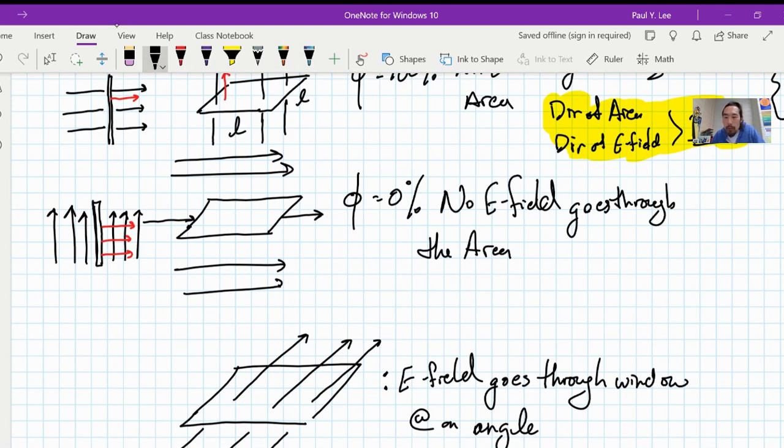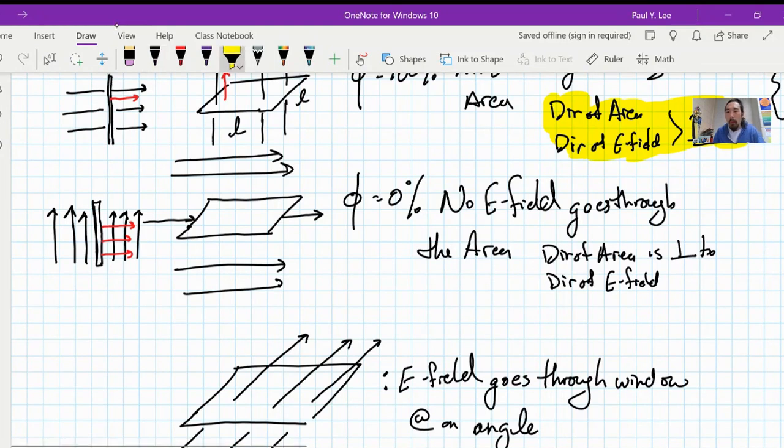To be a little more specific, the direction of area is perpendicular to the direction of E field. This is also a big major thing, and it helps us with our mathematical representation of flux.